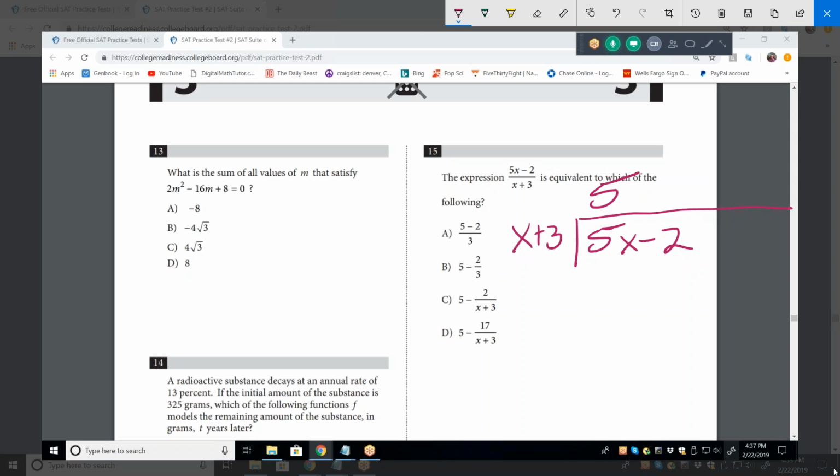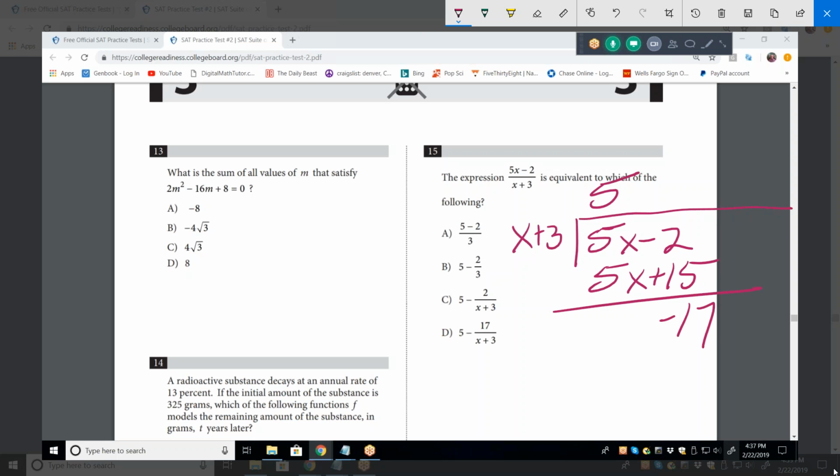And then you multiply the 5 by both terms in the divisor. Okay, so I get 5x + 15. And then you subtract, just like you always used to have to do in long division. Okay, so then I get a negative 17 as the remainder.